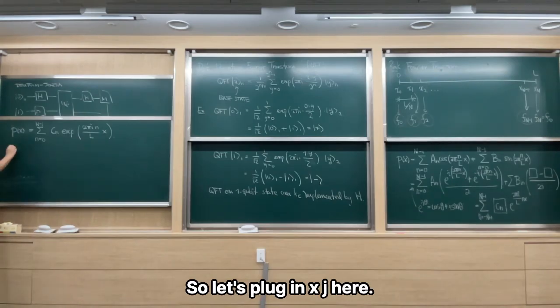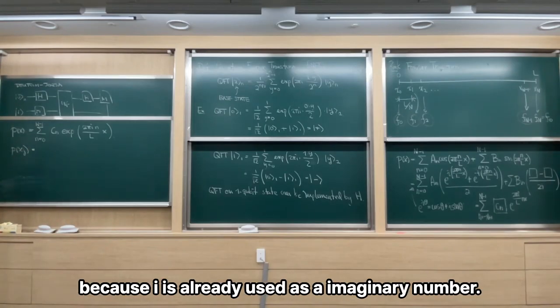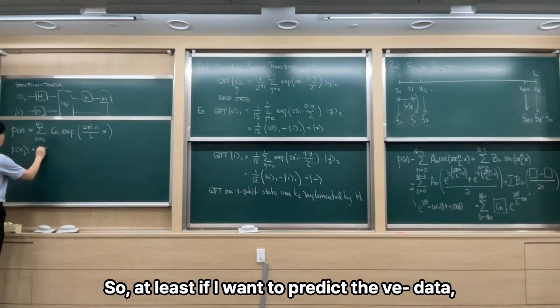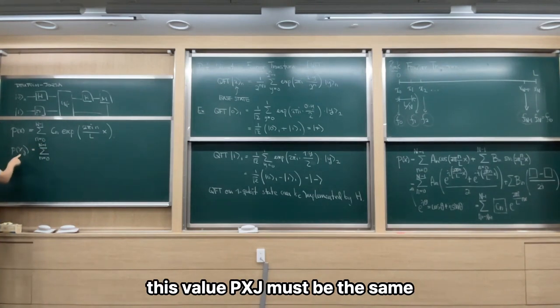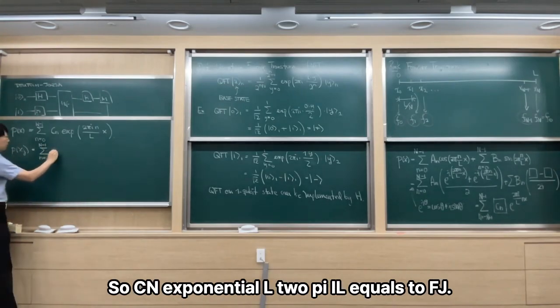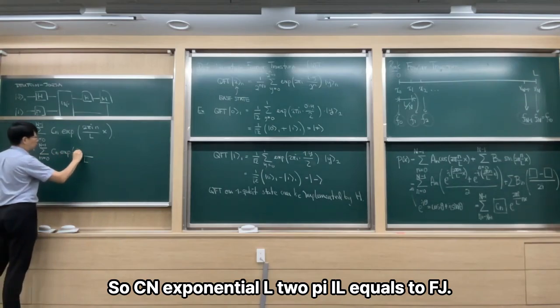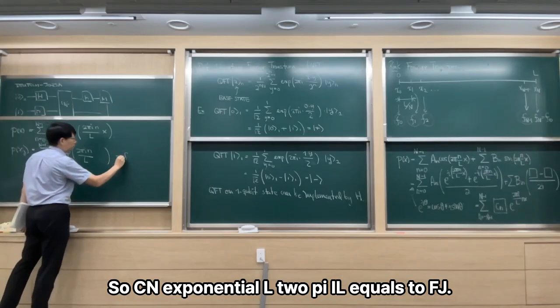So let's plug in xj here. I'm not going to write i as an index from now on because i is already used as the imaginary number. At least if I want to predict the data, this value p of xj must be the same as the observed data fj.